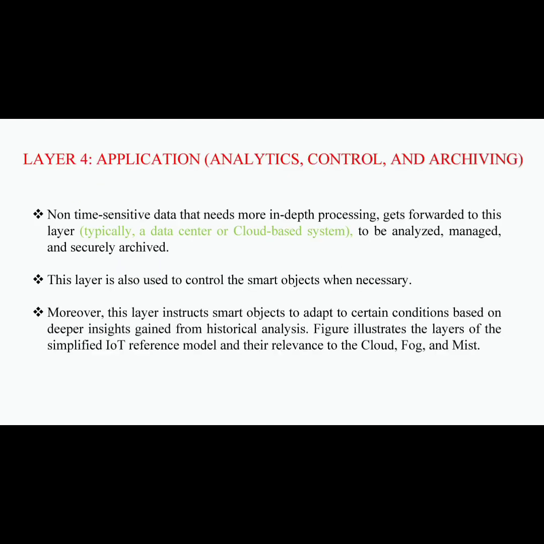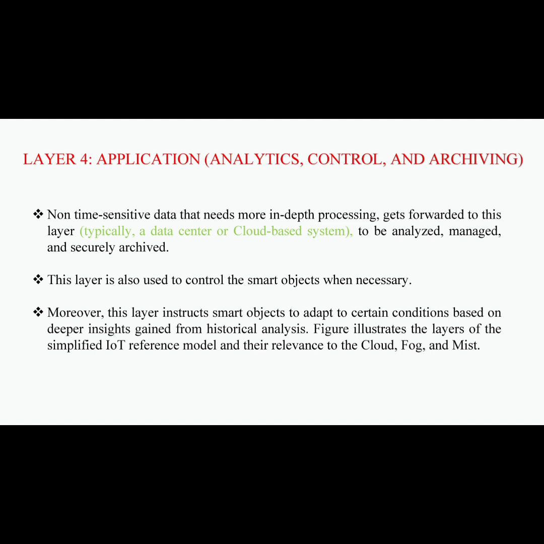Layer 4 is the application layer. Non-time-sensitive data that needs more in-depth processing gets forwarded to this layer to be analyzed, managed and securely archived. This layer is also used to control the smart object when necessary.